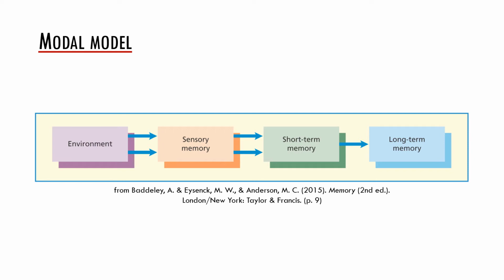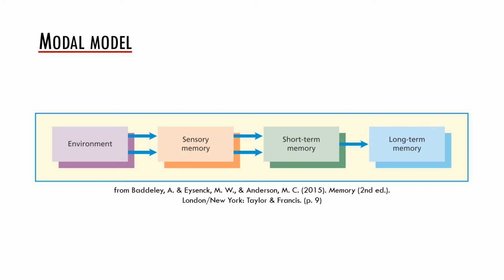Second system is called short-term memory, and in this model it refers to the short retention of information, typically for a few seconds. Information stored in this short-term memory may be later transferred to long-term memory, in which it is stored for a long time, if not for the rest of the life of the given person. This model has various weaknesses.